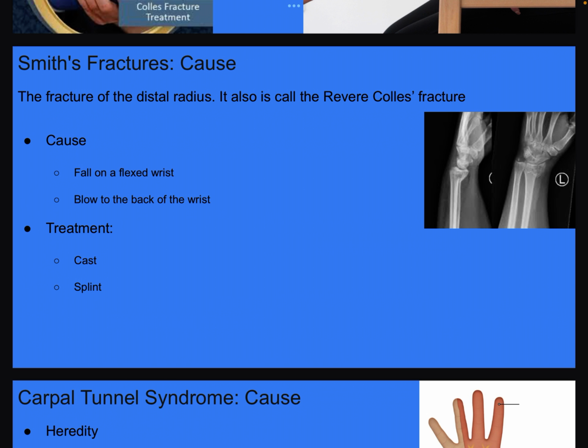That could be falling on a flexed wrist or a blow to the back of the wrist. Any type of blow to the back of the wrist can cause it. That's also contact sports, car accidents, falls, anything that could cause that wrist to fracture.